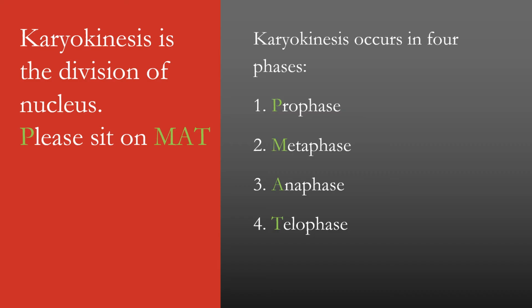Karyokinesis occurs in four phases: prophase, metaphase, anaphase and telophase. You can remember the order of the phases with one sentence: please sit on the mat. P stands for prophase, M for metaphase, A for anaphase and T for telophase.